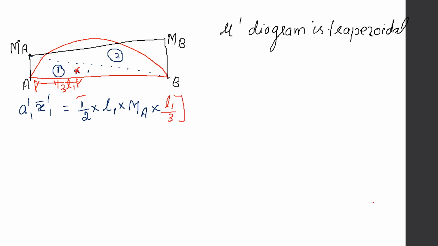So, first triangle is over. For the second triangle, it is half into, again the base is L1 into the height is MB multiplied by the distance of center of gravity from A. So, the distance of center of gravity from A for this triangle will be 2 by 3 of L1.